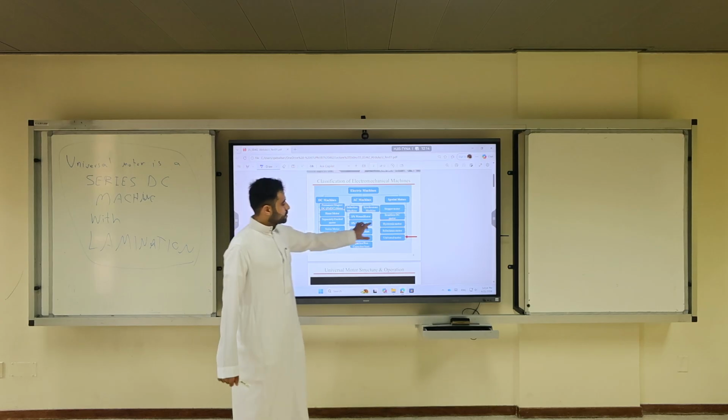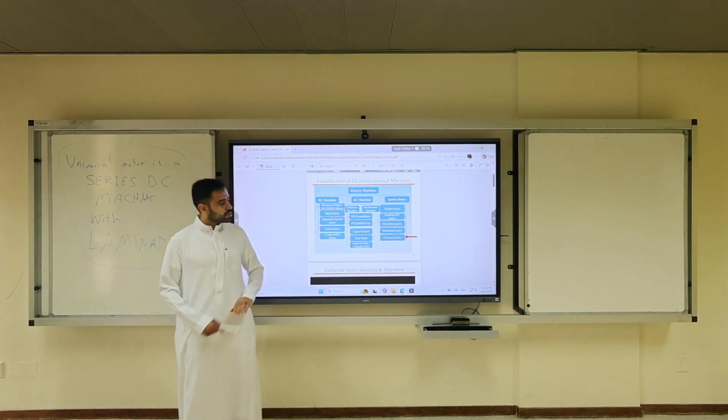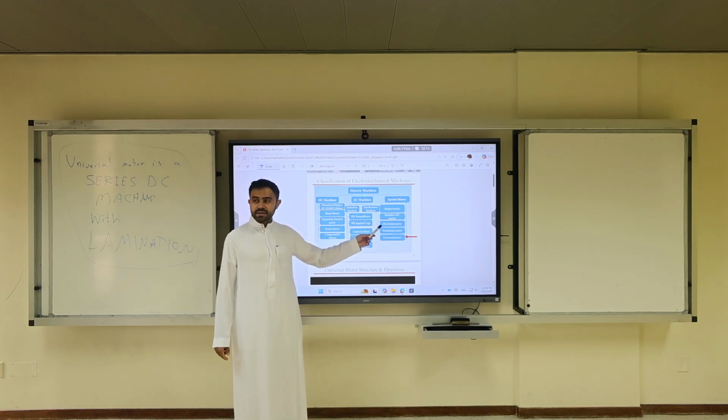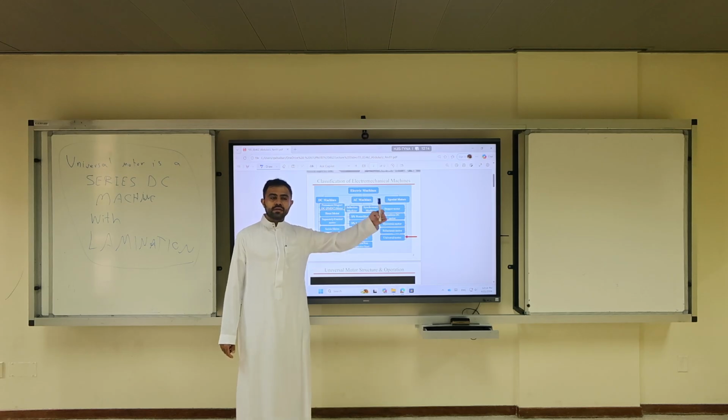Two of these motors are not going to be covered in this course because they are a little bit advanced. They involve DQ transformation, especially the switched reluctance machine. The switched reluctance machine is probably now the end of the research.